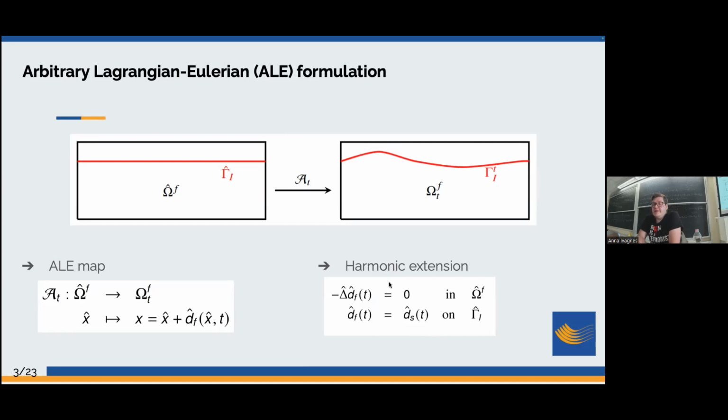Actually, this is not the only way to describe it. That's why the formulation is called arbitrary. But for the purposes of this work, it is enough to consider the harmonic extension.